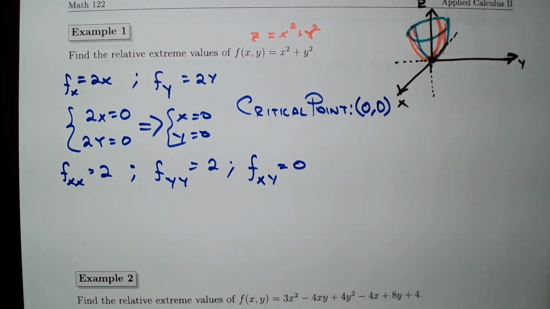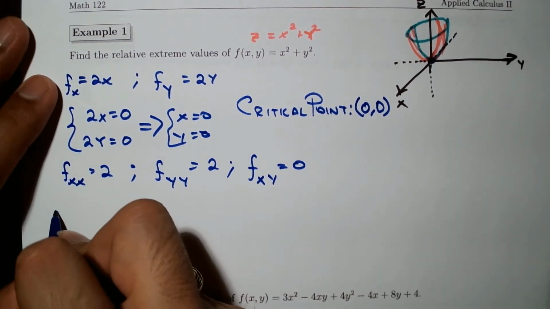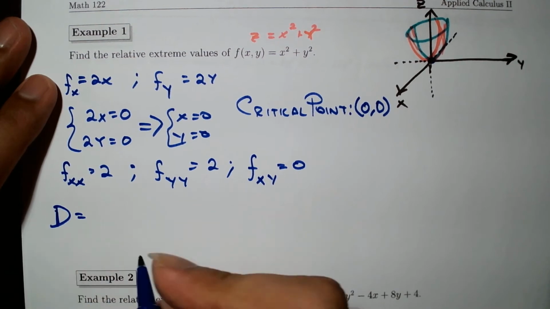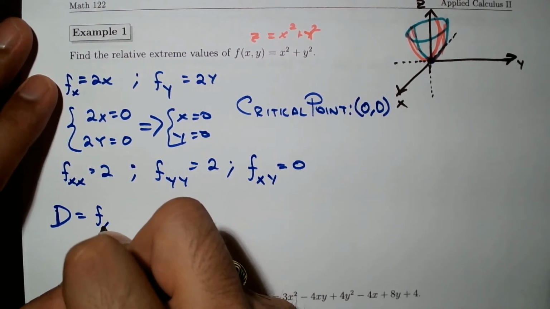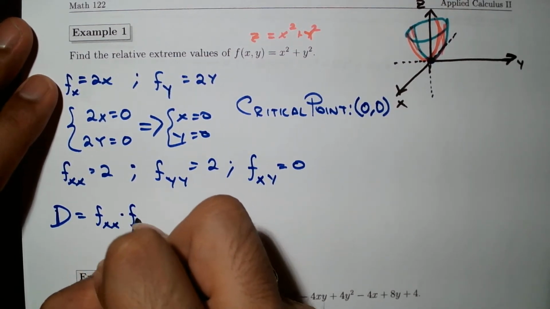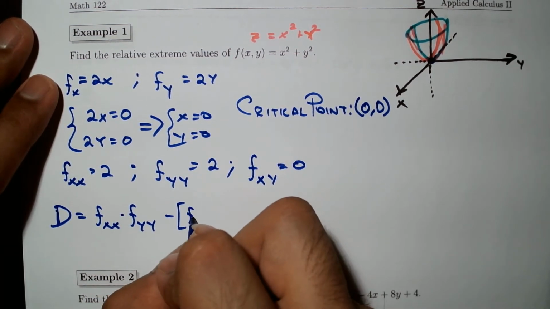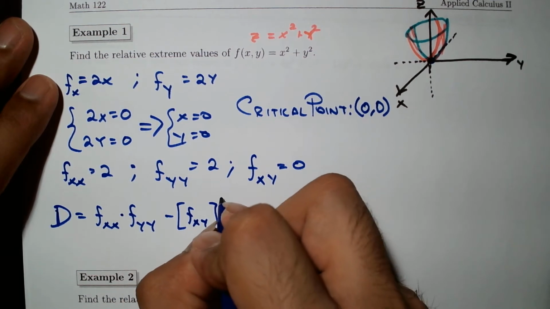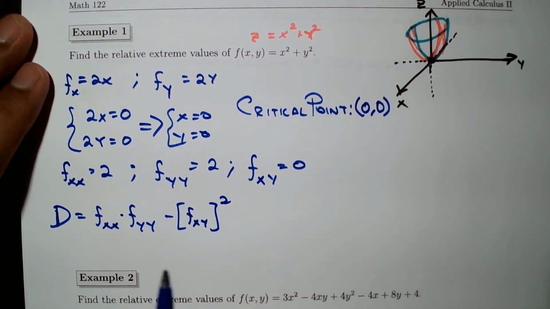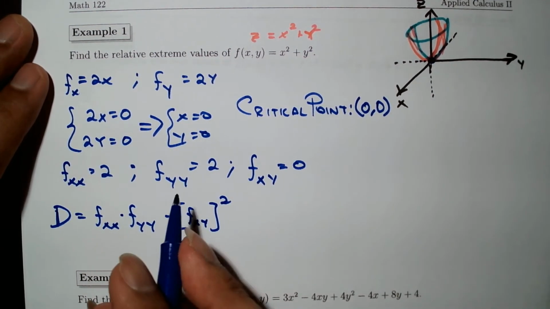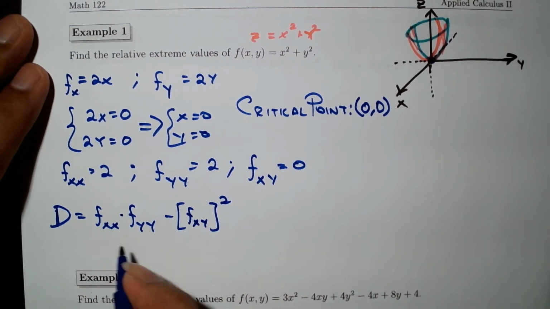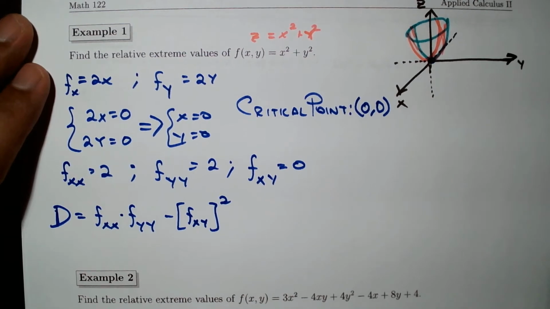Okay, so from here I'm going to form the quantity D, which is formed by multiplying fxx times fyy minus fxy squared. Now, if you're wondering where this formula is coming from, don't worry, let's just use it. Where it comes from is a very painful algebraic process with functions of two variables.